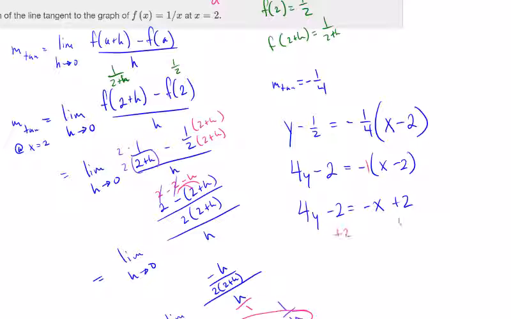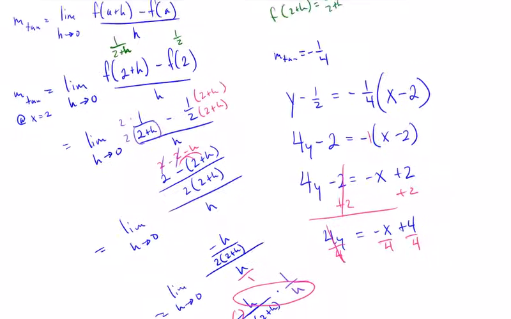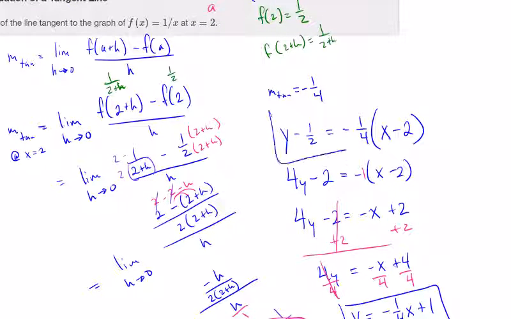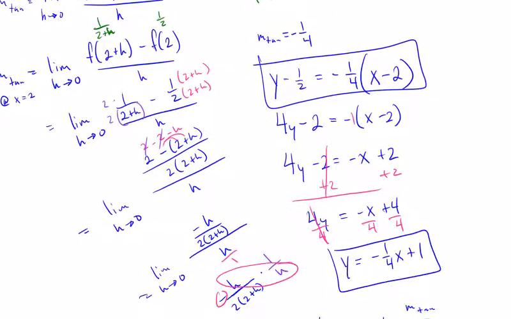And you can add 2 to both sides. So you'd end up with 4y equals negative x plus 4. And then you can divide everything by 4. So we'd end up with y equals negative 1/4 x plus 1, right? And so this is fine here.